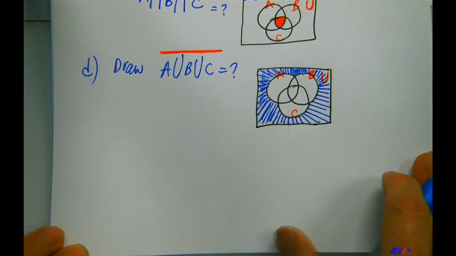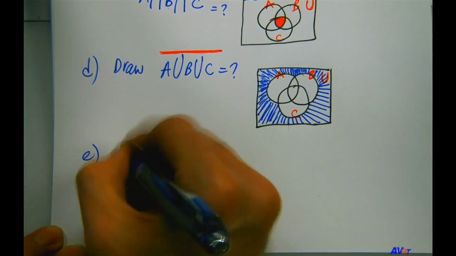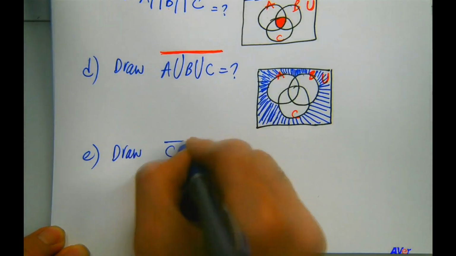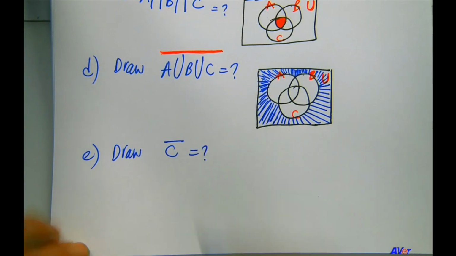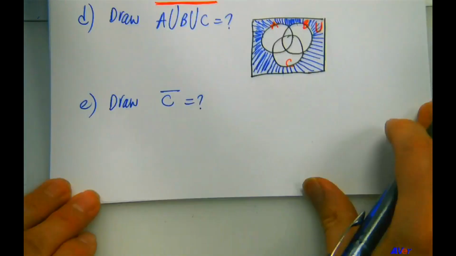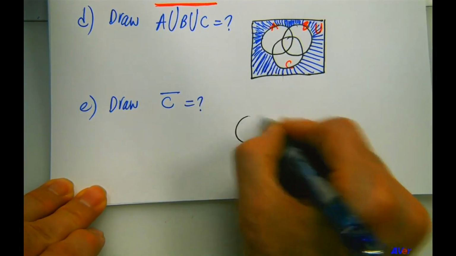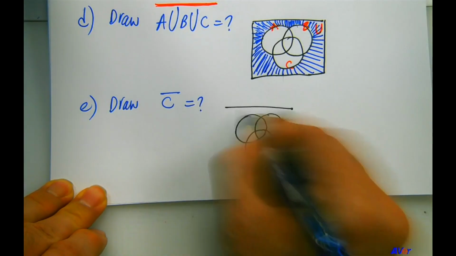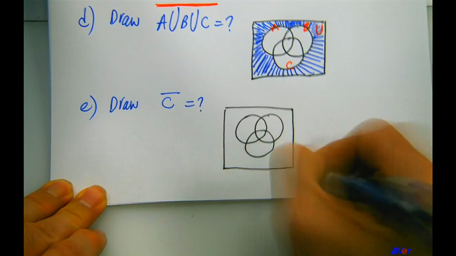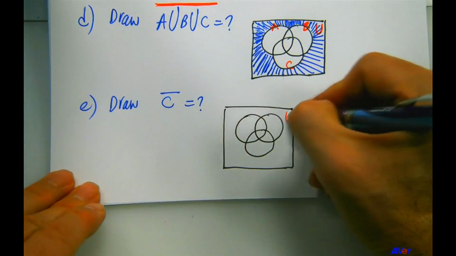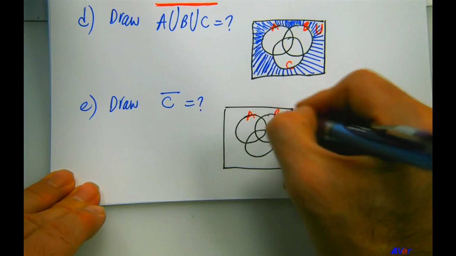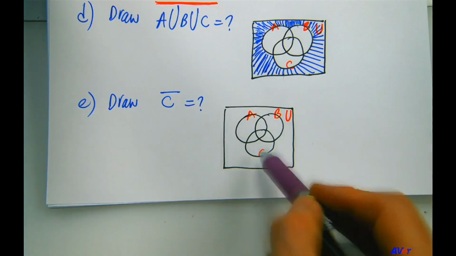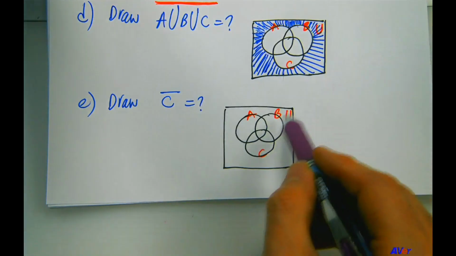So we want to draw C bar. Here are the three circles again. C bar is anything outside of C, but within the box, within the sample space.